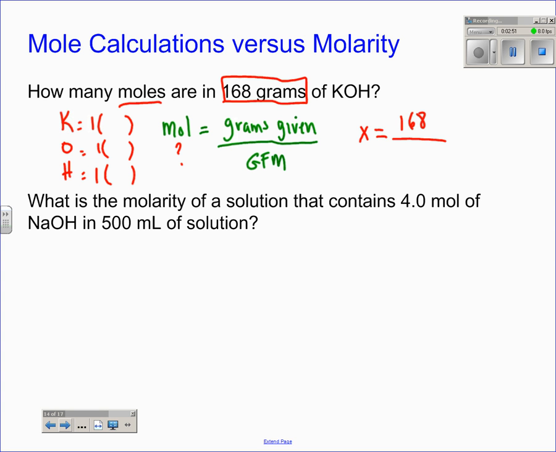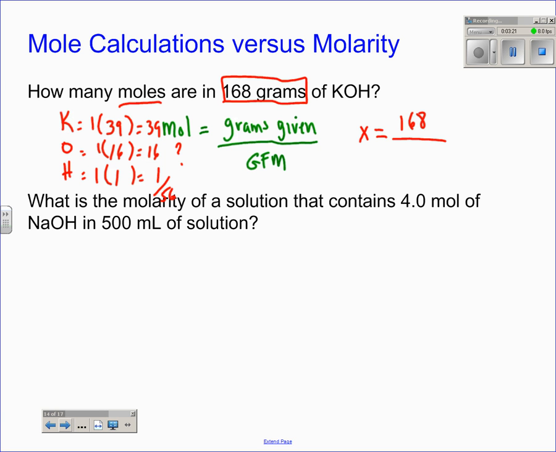So for example, potassium has an atomic mass of 39. So we do 1 times 39, and oxygen is 16, so we do 1 times 16, and hydrogen is 1 times 1. We multiply it out, 39, 16, 1, and then we add them together, 56.